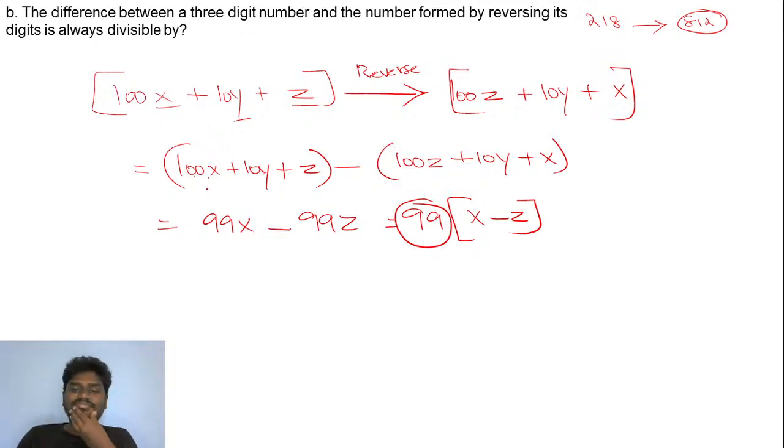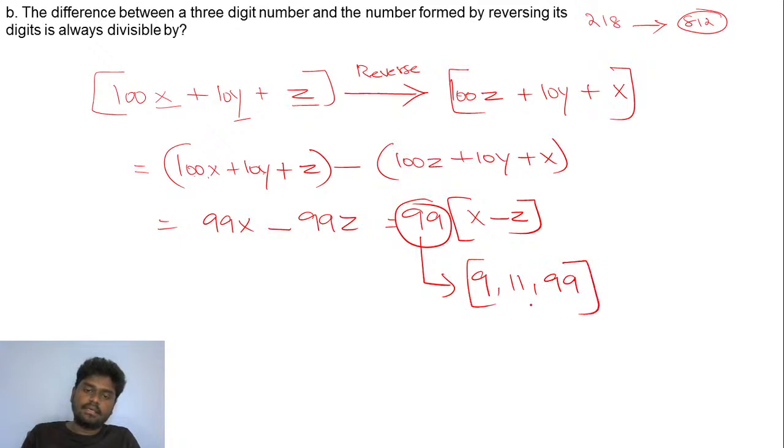If that is the case, then what probably I can do here? If that difference is a multiple of 99, the difference will always be divisible by 9, 11, and 99. Is that clear, guys? Give me a thumbs up if you're clear with this.